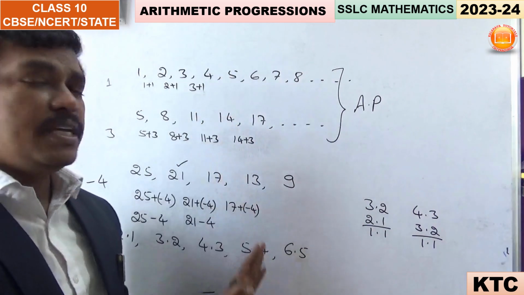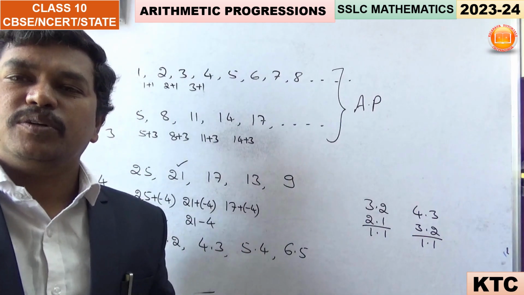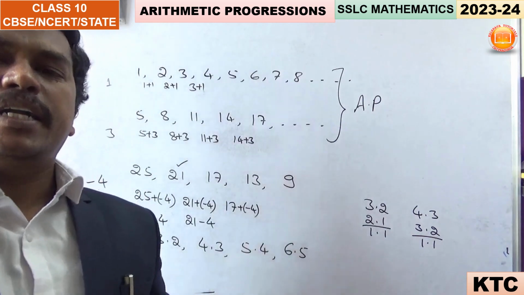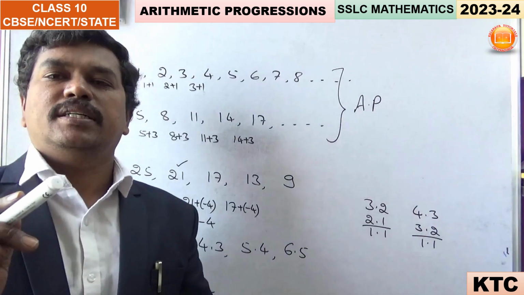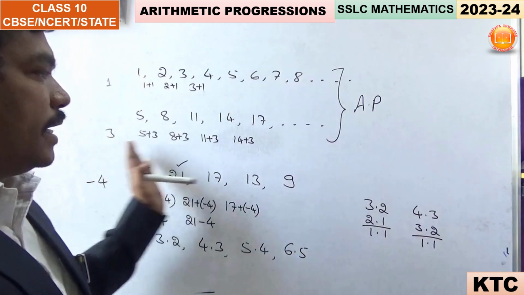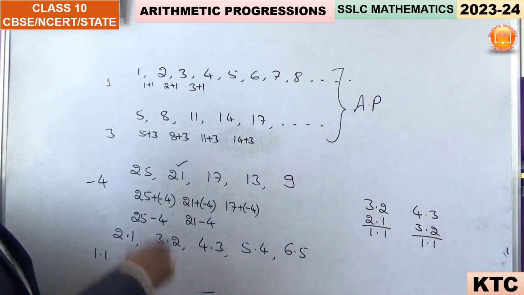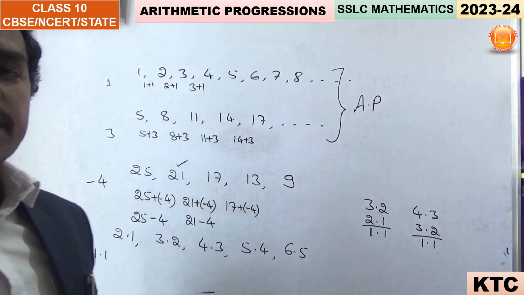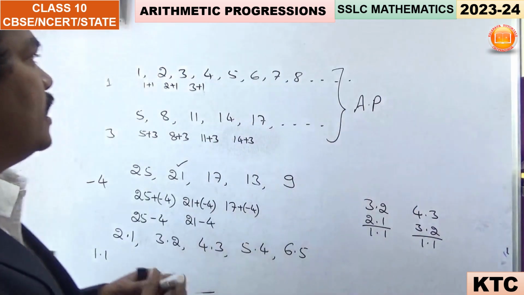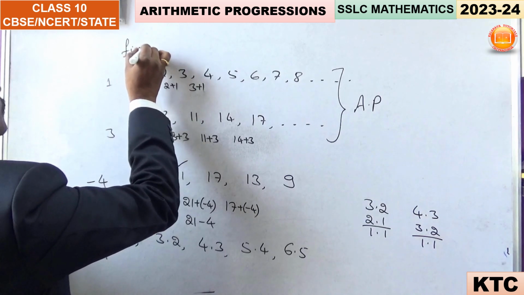So many numbers are taken by adding this fixed term. Here you observe some of the series, there is a fixed term. What do we call that fixed term? I write here, the fixed term is called the fixed term.